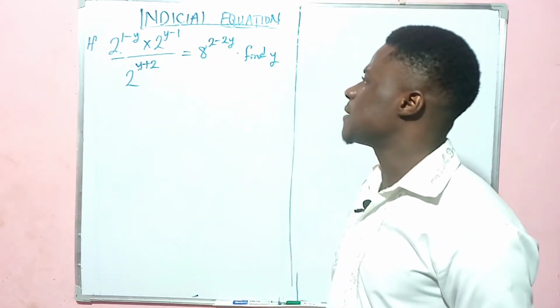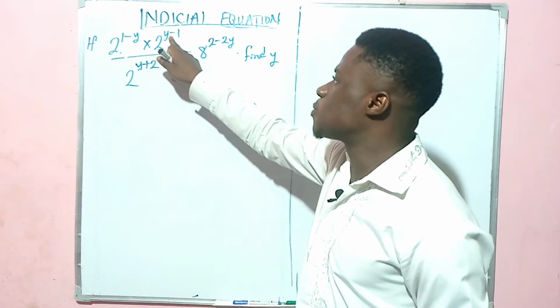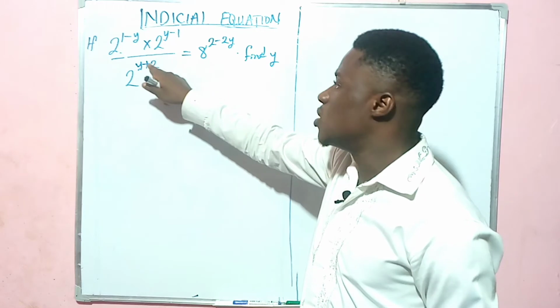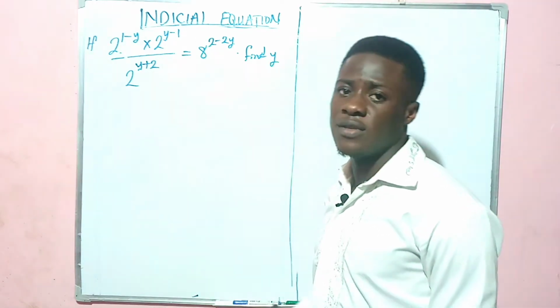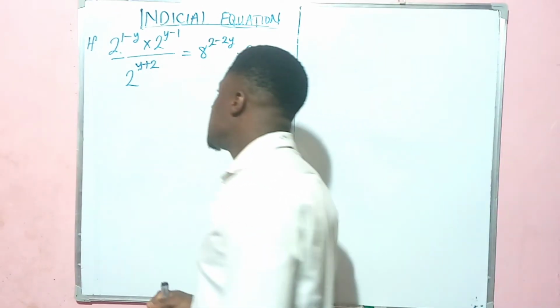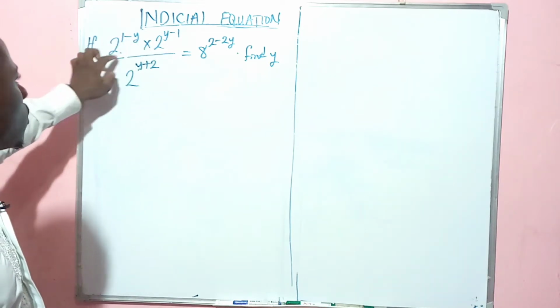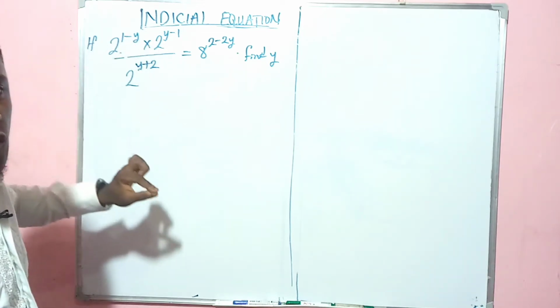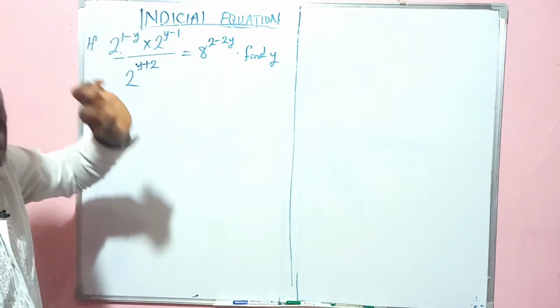Now let's solve this. We have 2 raised to power 1 minus y times 2 raised to power y minus 1 over this. Then we have the equality sign and we have values on the other side of the equation. So now, if you observe this question, you will see that at the numerator, we are having numbers of the same base, having their respective powers, and they are multiplying themselves.